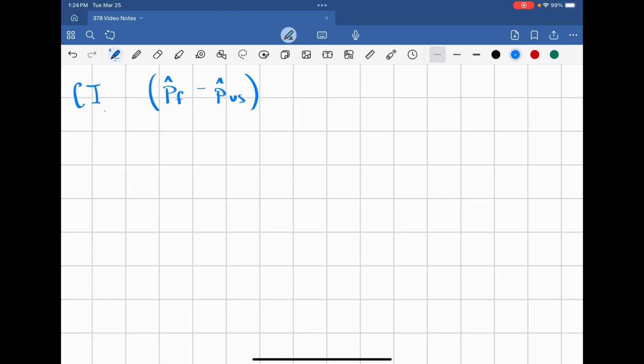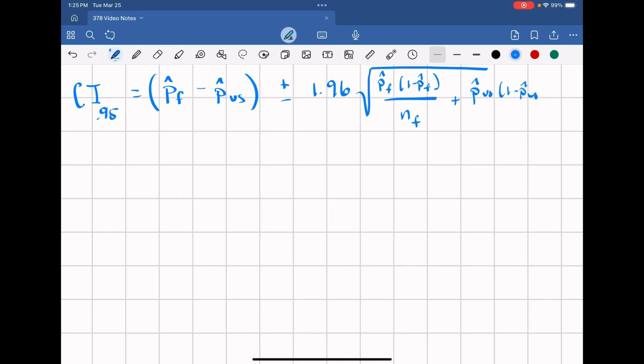So we can set up our confidence interval of 95% is going to equal this x bar plus or minus 1.96 times the square root of p hat F, 1 minus p hat F, over the number of F, plus p hat US, 1 minus p hat US, over the number of the US.